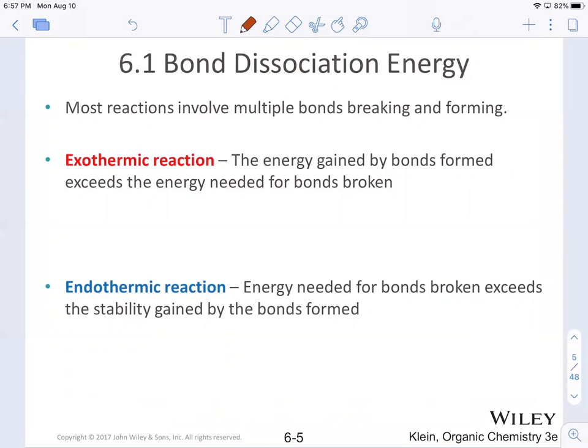Just as a reminder, if the delta H is negative, that is an exothermic reaction. That means that the energy gained by the bonds formed exceeds the energy needed for the bonds broken. It means basically that the products are more stable than the reactants.